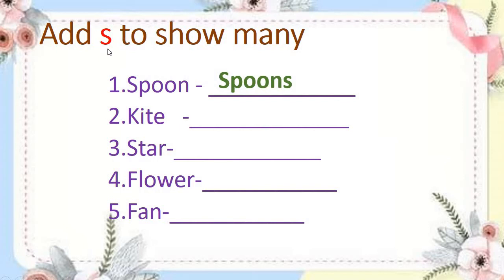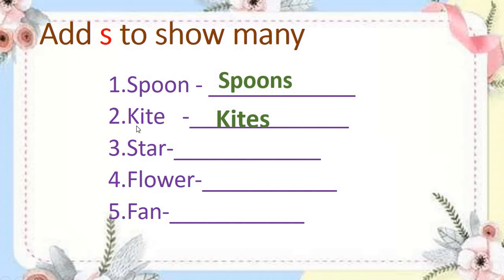See, red color S is given. Here you have to add S. Do you know the spelling? Yes. K-I-T-E-S. Kites. See, I will show you. Yes, see here. K-I-T-E-S.